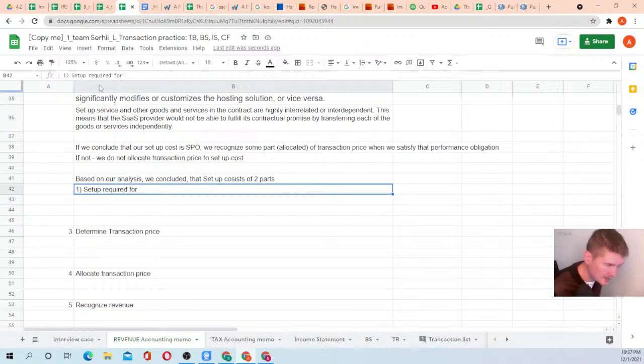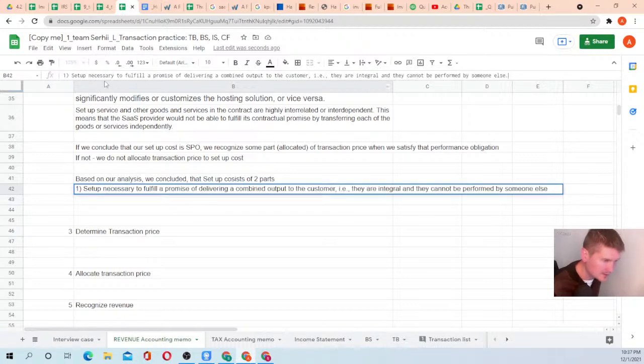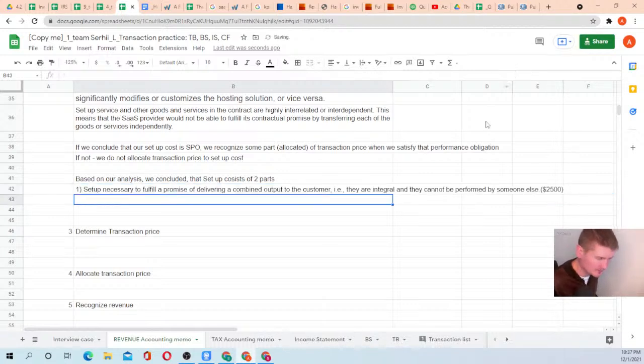Okay. Setup necessary to fulfill a promise. And let's just divide the cost equally.